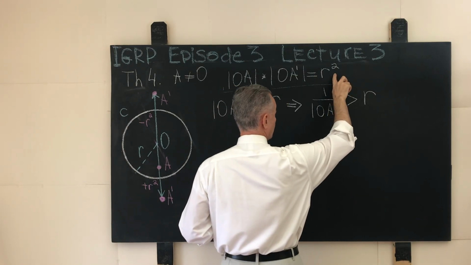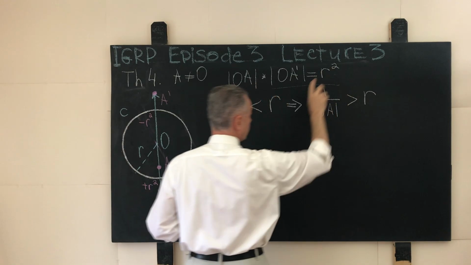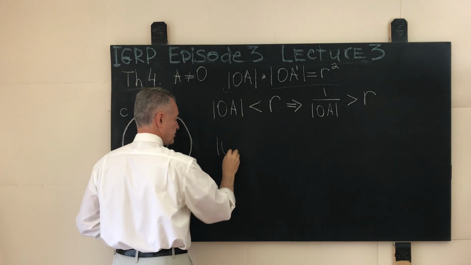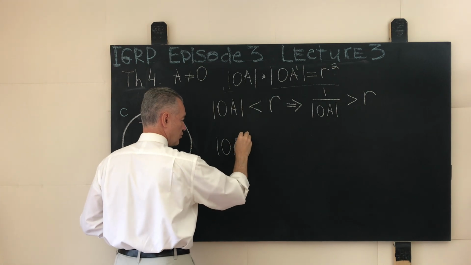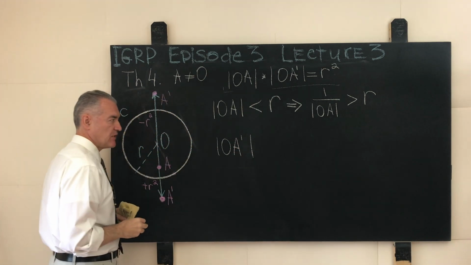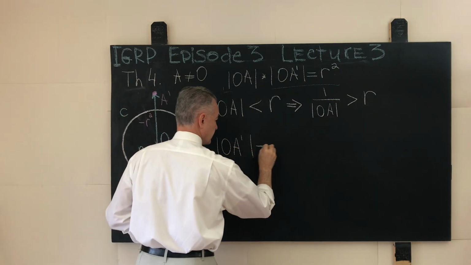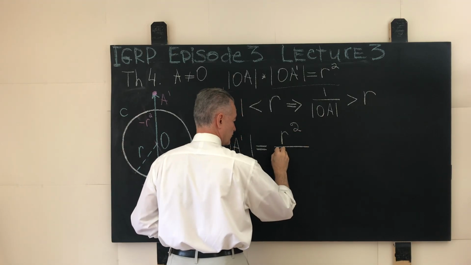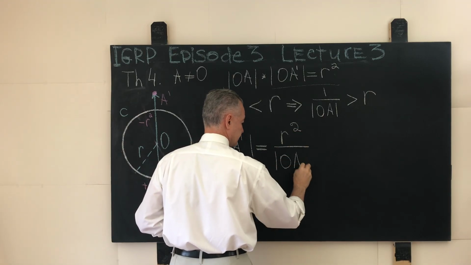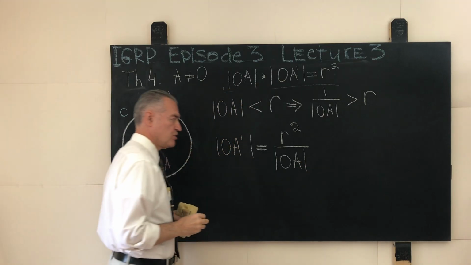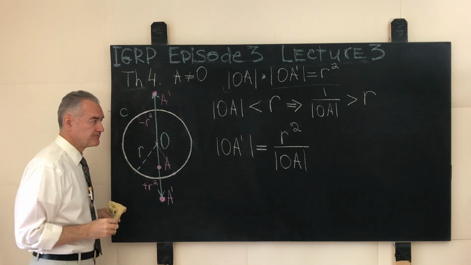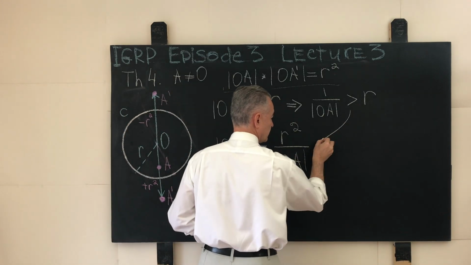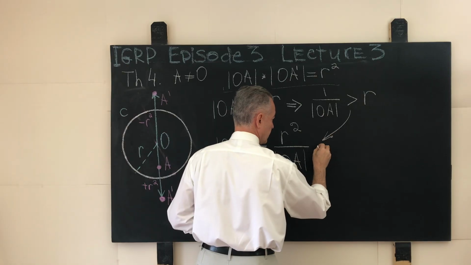Now we take our workhorse inversive geometry relation and we write down the expression for the distance from the center of inversion, O, to the image point A prime. That means that that distance must be the square of the radius of inversion divided by the distance from the center of inversion to the pre-image point A. Now we bring in this relation over here, and that means what?